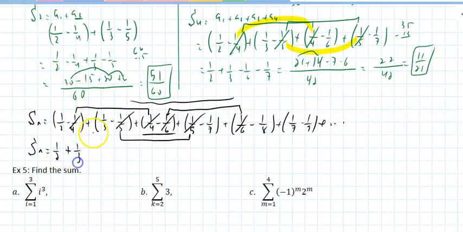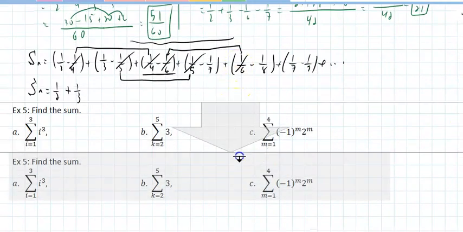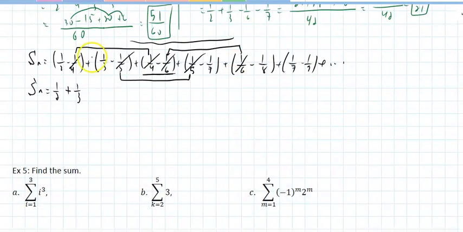Plus 1/3. Now, if only the first two terms canceled out and I need to list 5 terms, then I should list the last 5 terms for me to see the pattern. When you take Math 5B, you practice with this a lot more. For now, it's only a couple of problems.